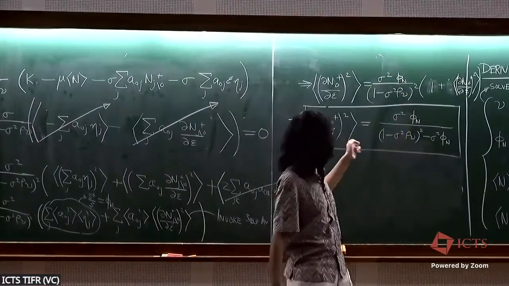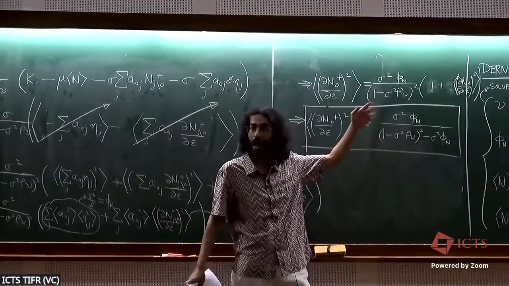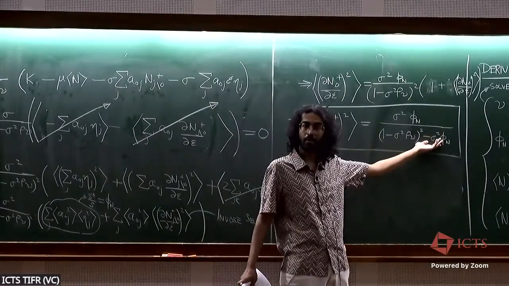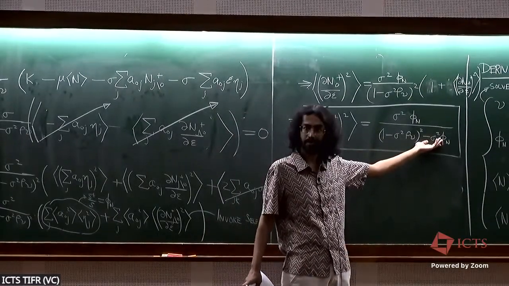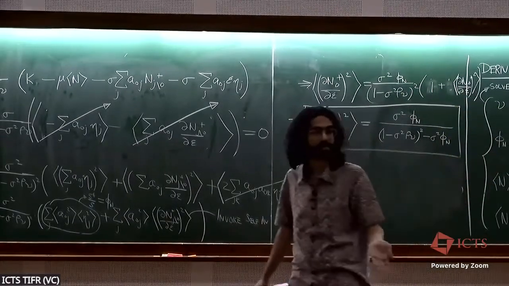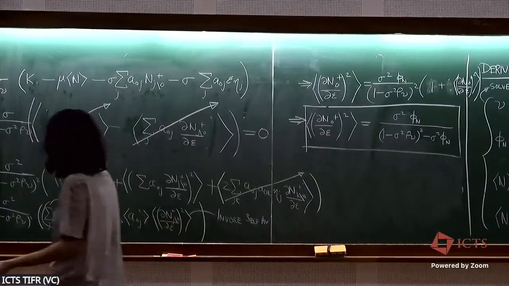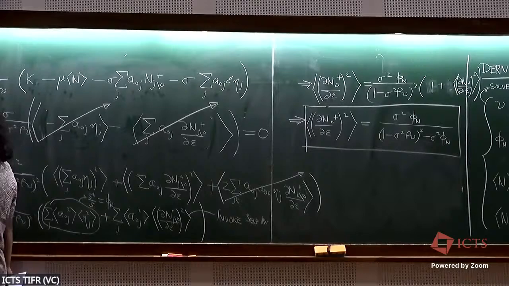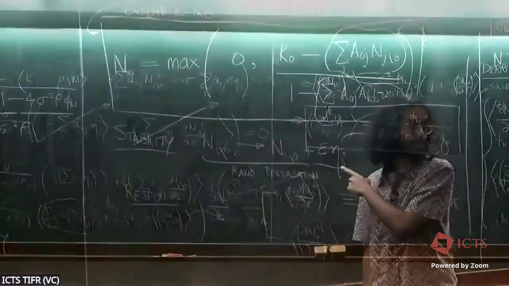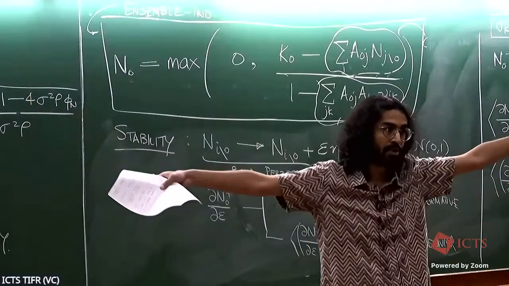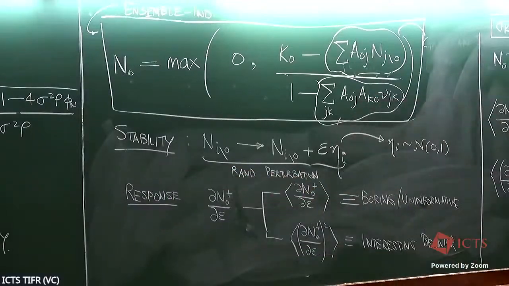Can this amount ever become infinite or undefined? It can. When this denominator goes to 0, the response can blow up. And what would that mean? That would mean instability. You're sitting at the cavity fixed point, which is what we assumed. You perturb all the abundances by a little bit, and you ask, there's a whole distribution of responses. What's the second moment of that?